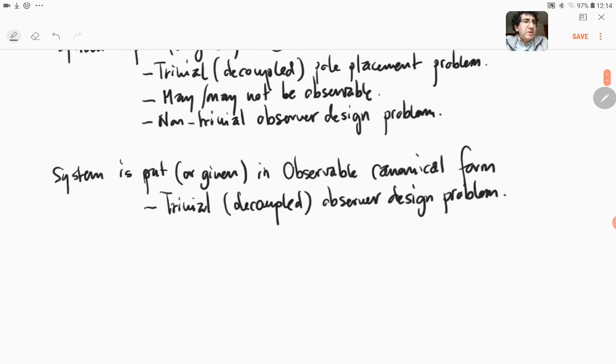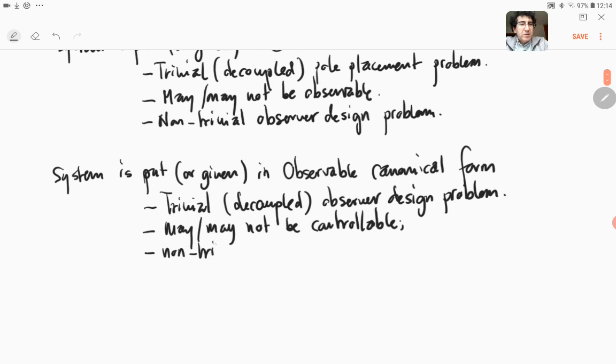But this time, the system may or may not be controllable. That means in this state space representation, if it's not controllable, you may not be able to take all the states to the desired point in the state space. Even if it's controllable, we know that solving the problem may not be trivial. So we have a non-trivial pole placement problem.